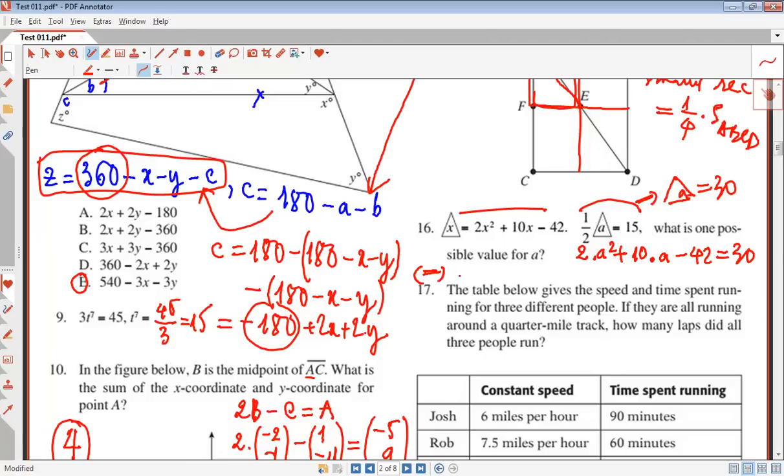Simplify, we have A squared plus 5 times A. It is 72 divided by 2, minus 36 equals 0.